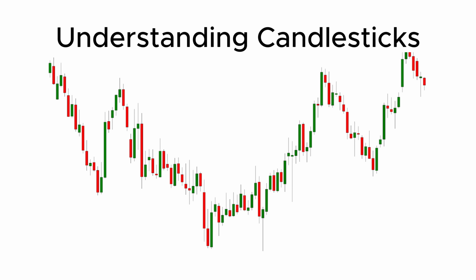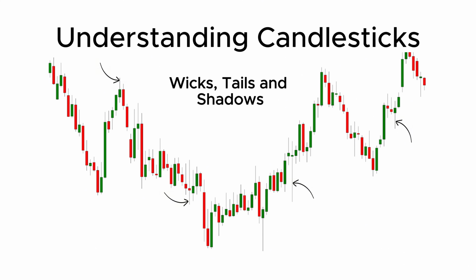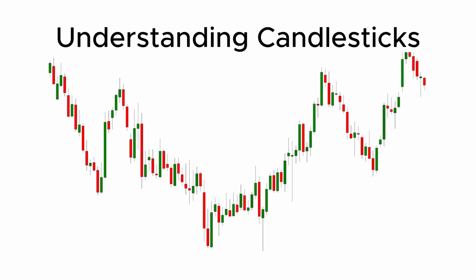You can also see that the vast majority of the candles have wicks or tails, shadows, whatever term you want to use, and they usually are visible on both ends of the candle. Not always, but usually. And finally, you can see the doji candles, where the price has opened and closed at the same price or very near the same price.